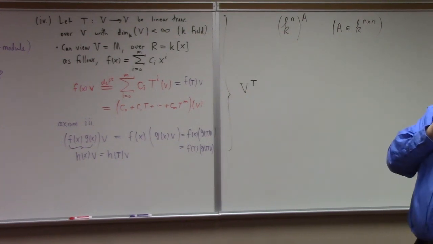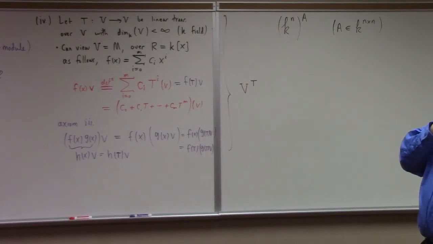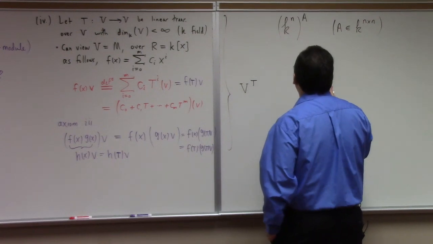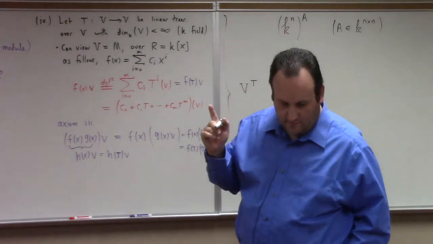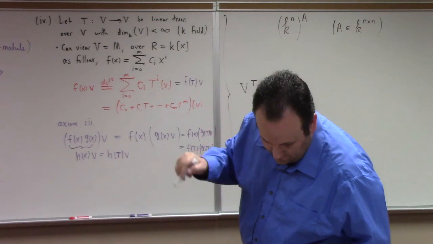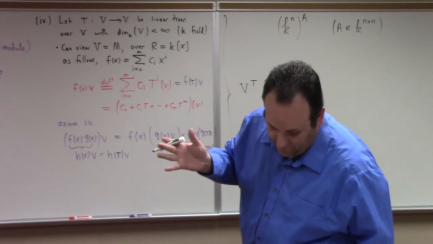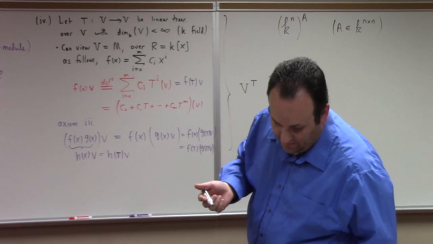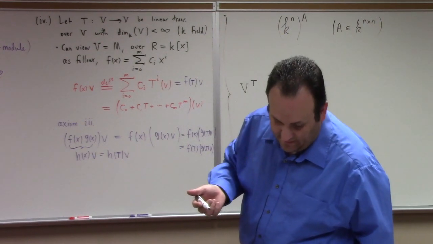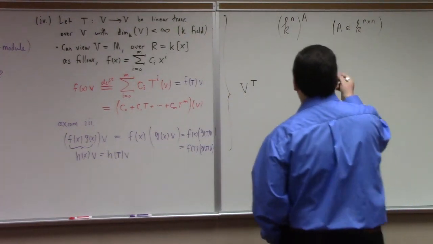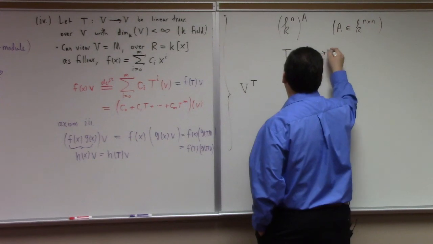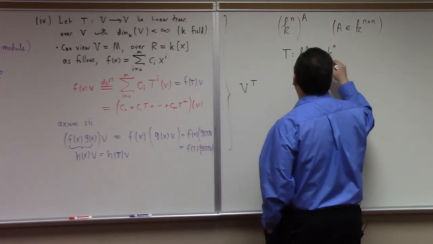You can look at the module induced from a given matrix on n-tuples over the field. He says this is a special case really of part 4: if we let A be an n by n matrix with entries in k, let T from k^n to k^n be a linear transformation. So here we're just thinking about T going from k^n to k^n.